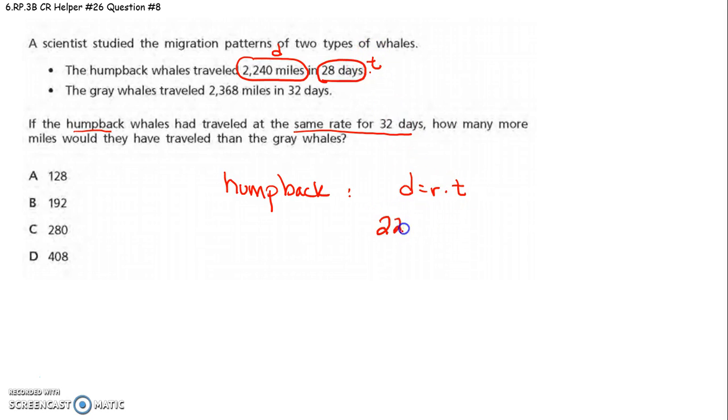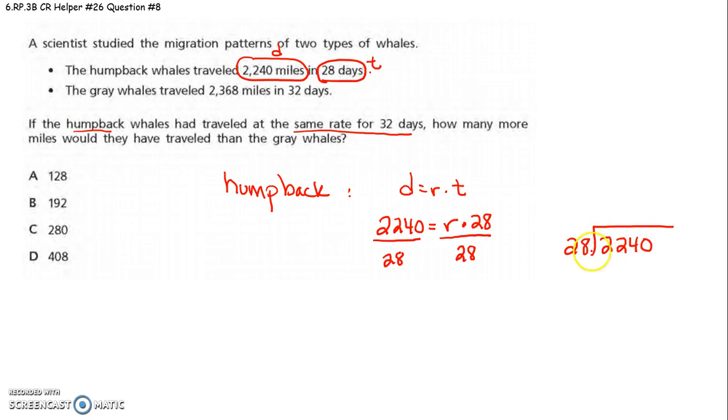So 2,240 equals, I don't know the rate, I know the time of 28 days. So if I want to see how many miles we travel per day to get R by itself, I'll divide both sides by 28. So we have to take 28 into 2,240. So we have to do some long division here.